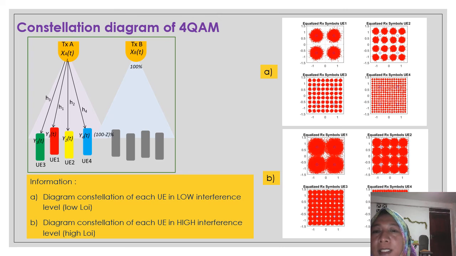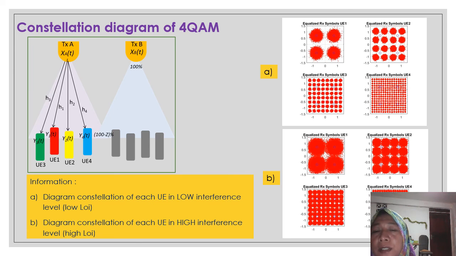We also can see that every user has a different constellation pattern. This happens because user 4 demodulates all the signals, meaning the other users' signals are there, so the constellation diagram also shows them, while user 1 only has the original 4-QAM points because the receiver subtracts all other users' signals from its own signal.